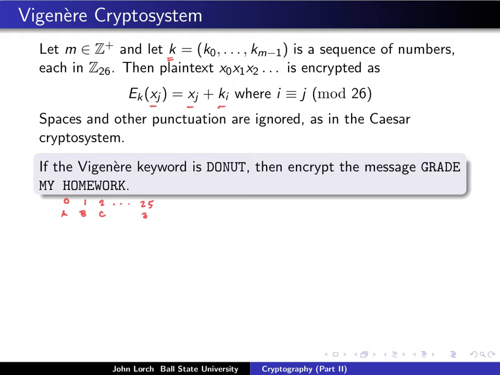Now, our Vigenère keyword is donut. How does this feed into this scheme? D is the third letter in this scheme, so the D in donut corresponds to 3, and that will be k sub 0. O is the 14th letter.